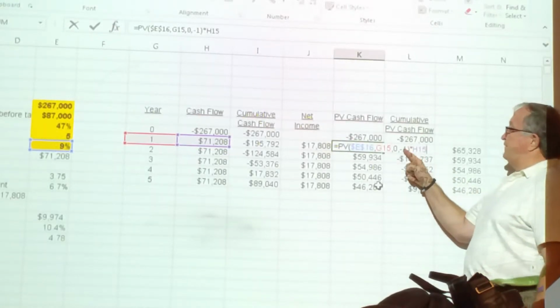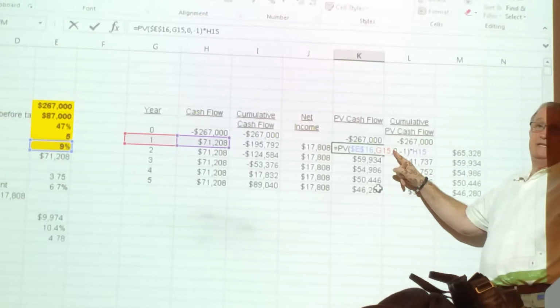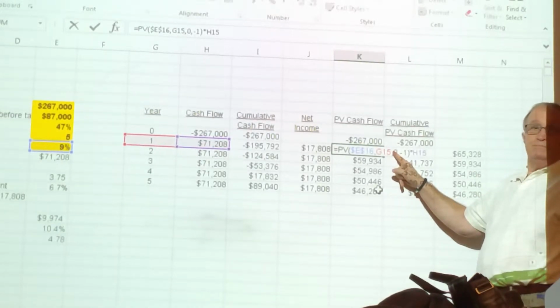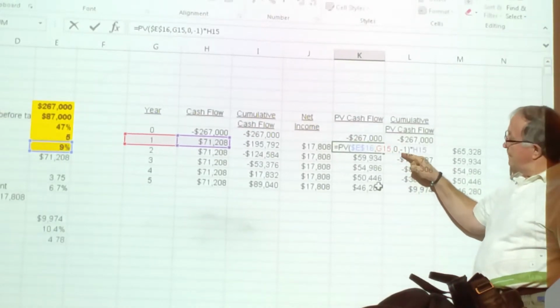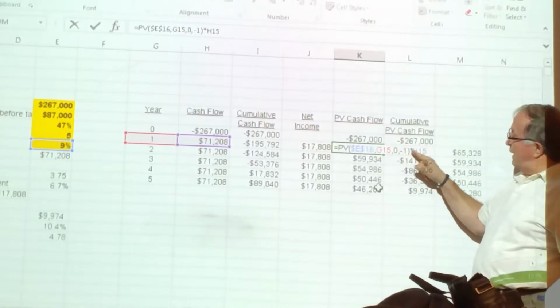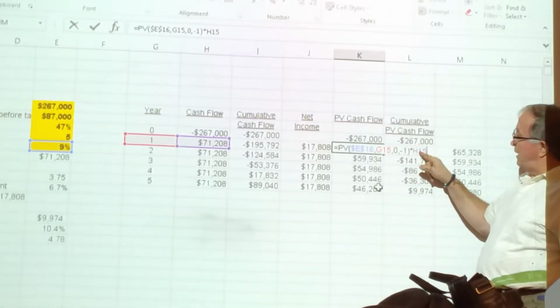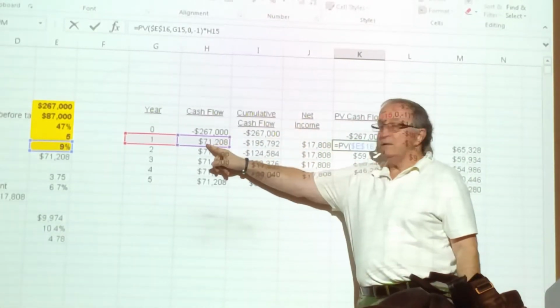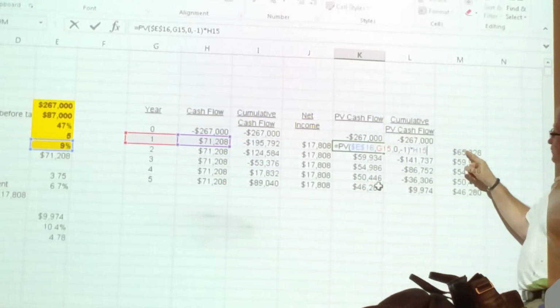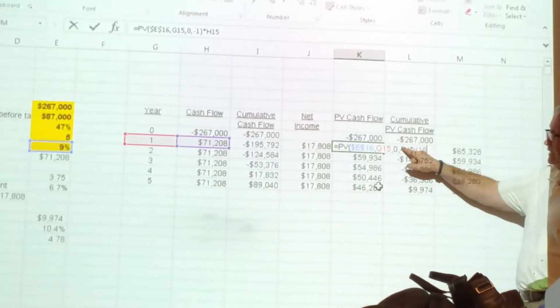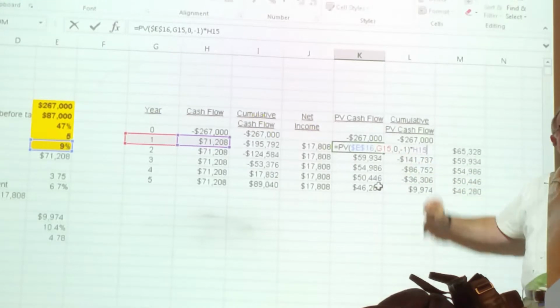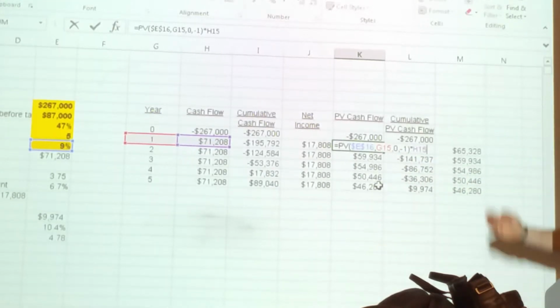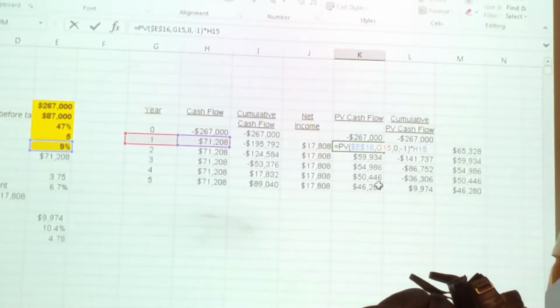Well, I put a 0 in. I didn't need to put anything here at all. It was an optional parameter. I did put a -1, and then I multiplied by the cash flow, whereas over here I put the H15 inside the bracket. Same end result. Everyone okay on what I've done?